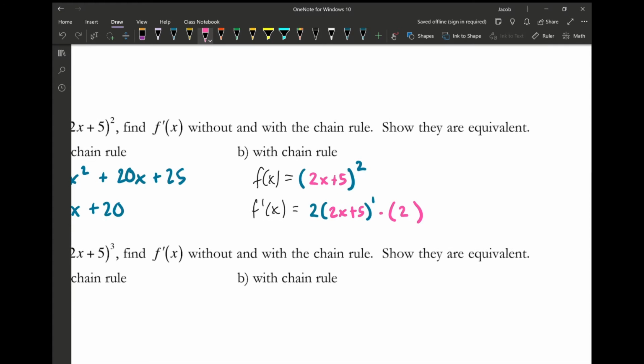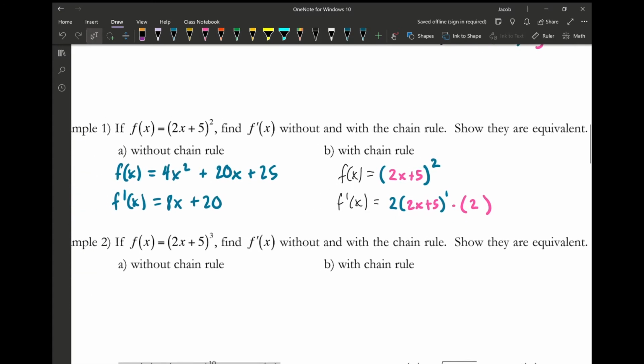Now, there is some discrepancy here between the answers. The 8x plus 20 and the 2 times 2x plus 5 times 2 need to look the same, so we're going to do that real quick. And that just takes some multiplying out.